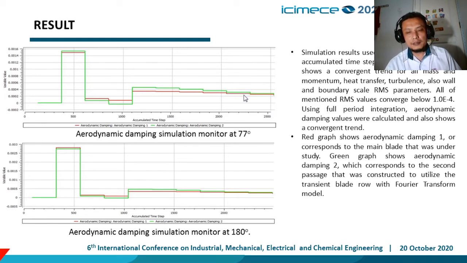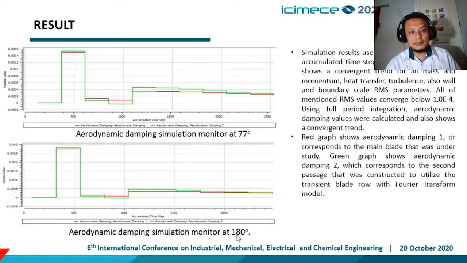Red graphs show aerodynamic damping 1, which corresponds to the main passage that was under study, and green graphs show aerodynamic damping 2, which corresponds to the second passage that was constructed to utilize the Transient Blade Row with a Fourier transform model.